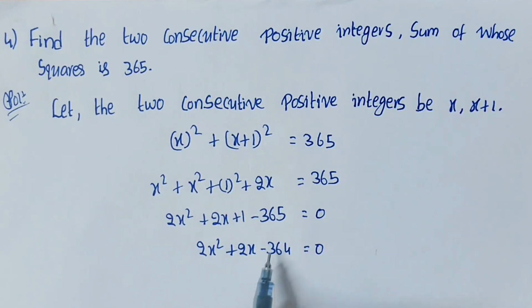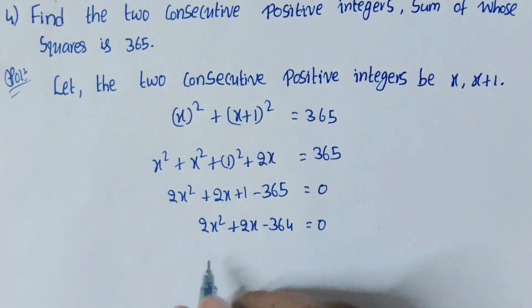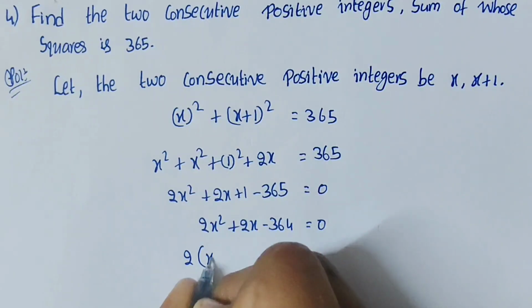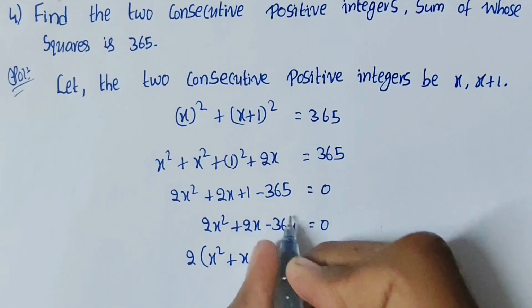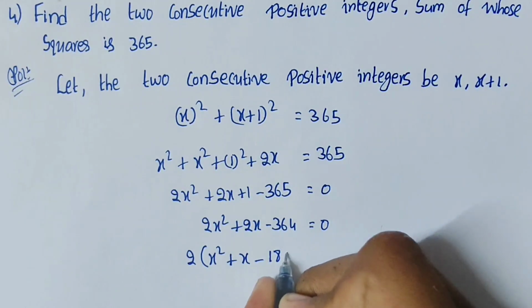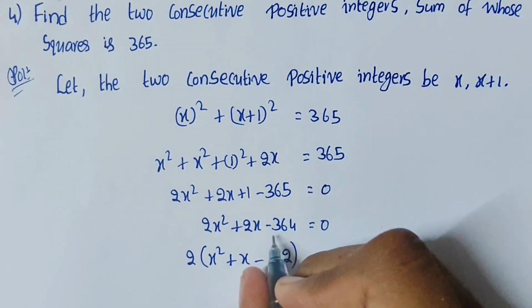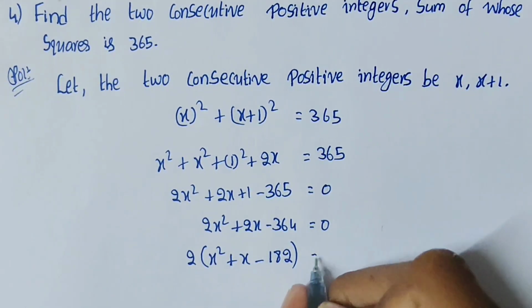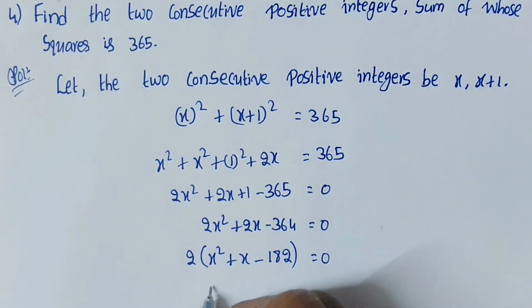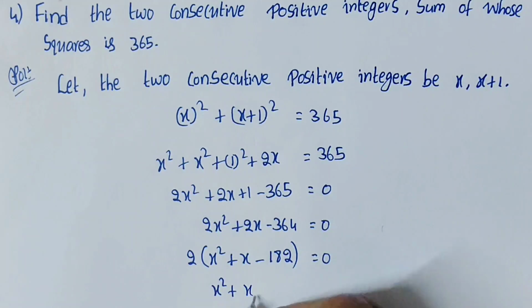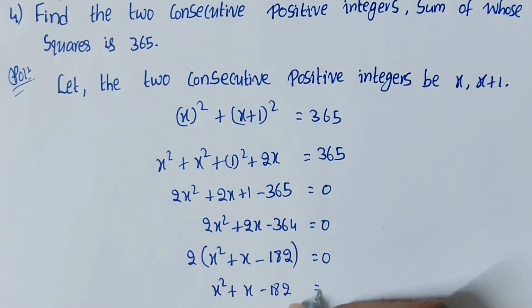In this quadratic equation 2 is common, so I am taking 2 common: 2 into x square plus x minus 182 equals 0. If we transpose, it will divide. So x square plus x minus 182 equals 0.